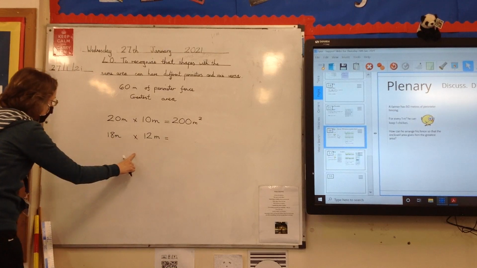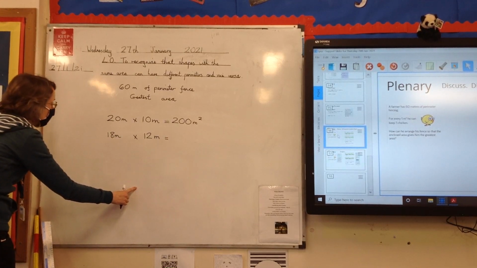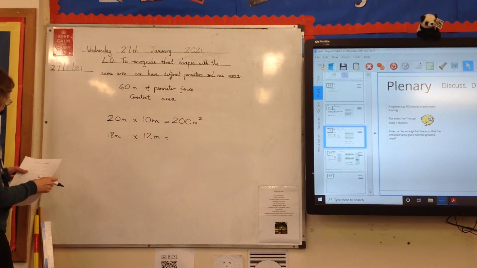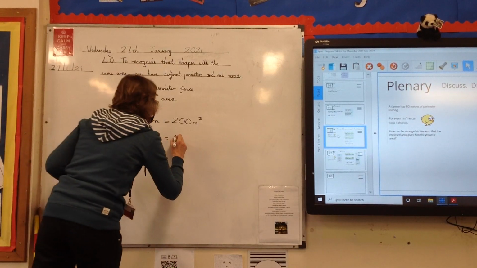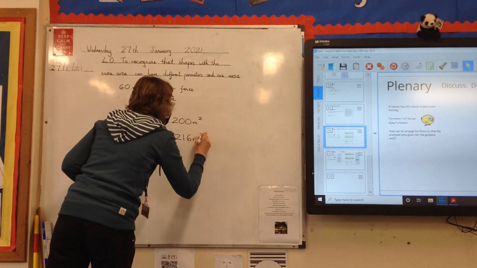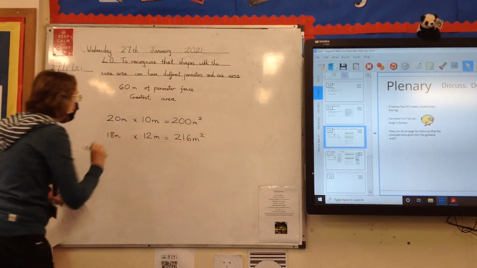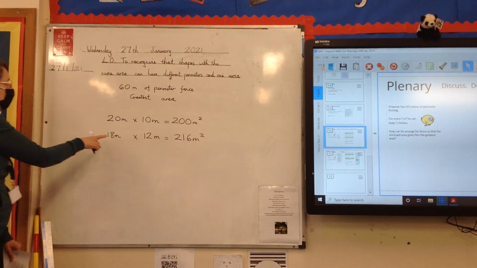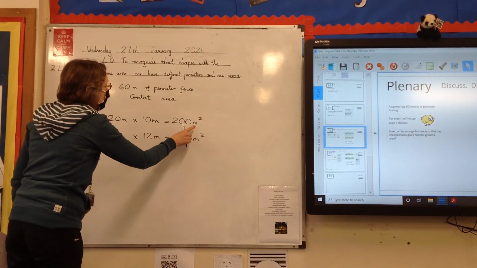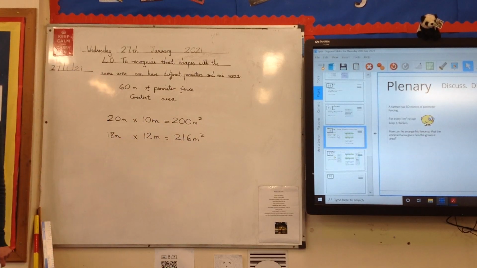So 18 plus 12 is 30, plus 18 plus 12 is 30, that makes 60, so that's a perimeter of 60, and if I multiply them together, it will be 216 metres squared. So actually, that gives me a slightly bigger area, so I can keep more chickens there than I could there. So I'm getting better, I'm getting more, I'm trying ideas.